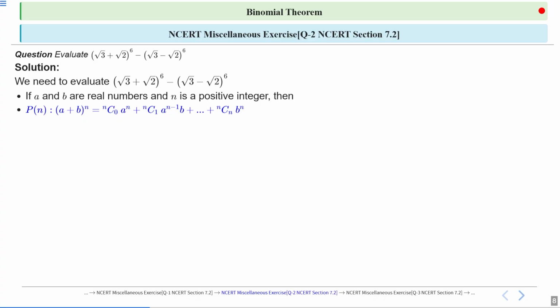So (a plus b) to the power n is equal to n choose 0 a to the power n, plus n choose 1 a to the power n minus 1 times b, plus dot dot dot, plus n choose n b to the power n, where nCr is calculated as n factorial upon r factorial times (n minus r) factorial, for 0 less than or equal to r less than or equal to n.